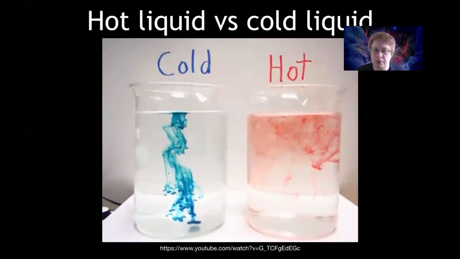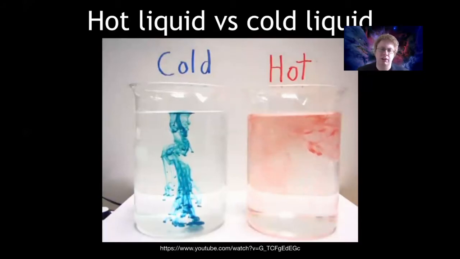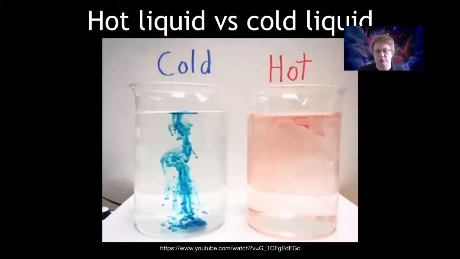After just a few minutes, you can see that the hot water has almost completely dispersed all of those particles of food coloring, while in the cold water, things are really not doing much. It's all just settling down to the bottom, and not much is happening in the way of dispersing it throughout the liquid. If you were to leave the cold water going for a much longer period of time, then eventually you would see the same thing happen, but it'll happen much more slowly.